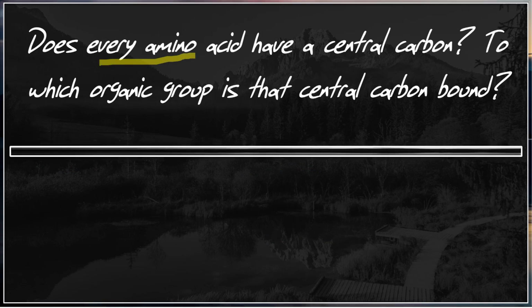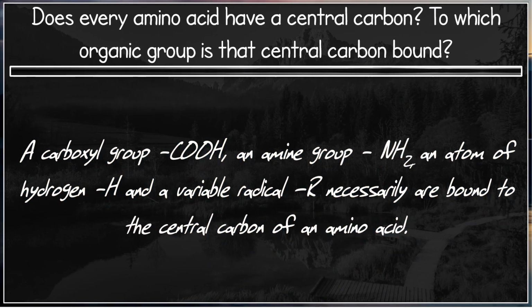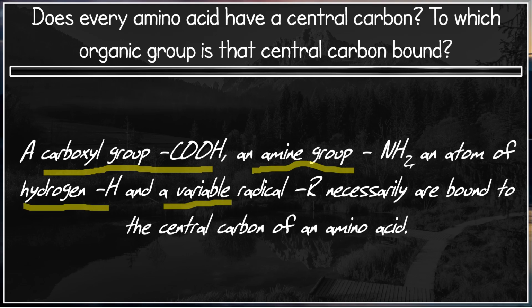Does every amino acid have a central carbon? To which organic groups is that central carbon bound? A carboxylic group, an amine group, an atom of hydrogen and a variable radical R necessarily are bound to the central carbon of an amino acid.